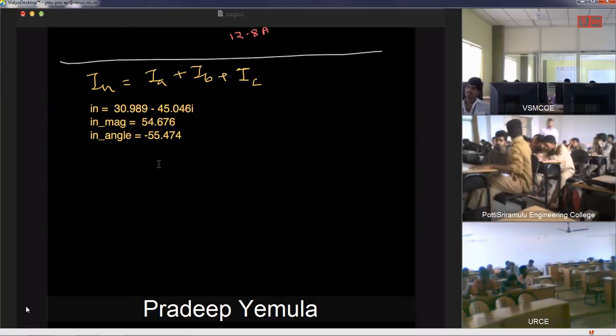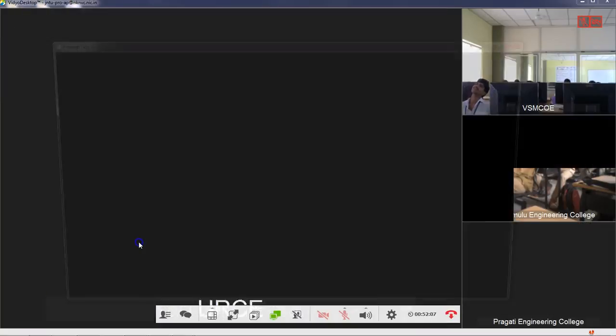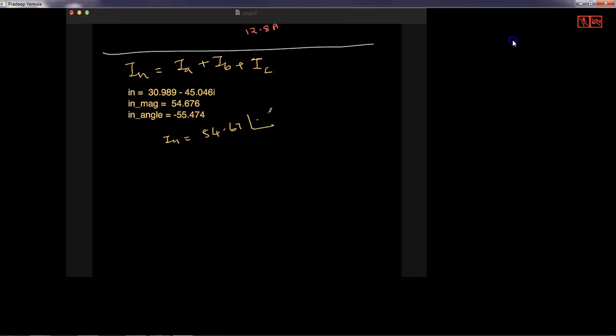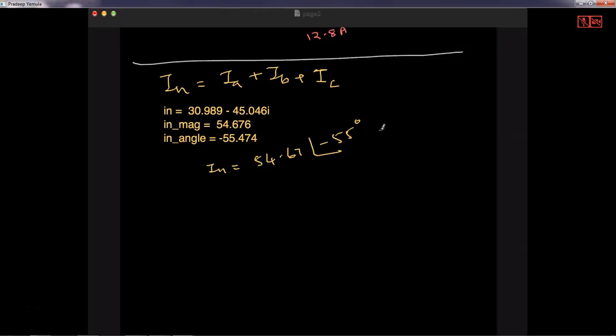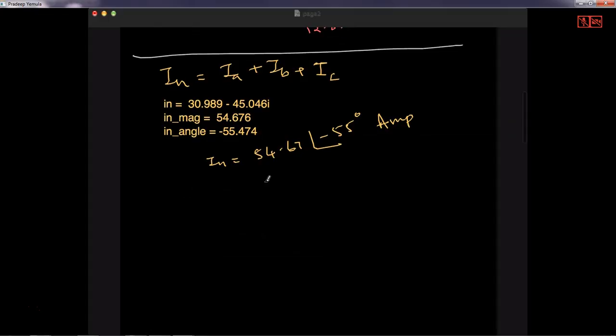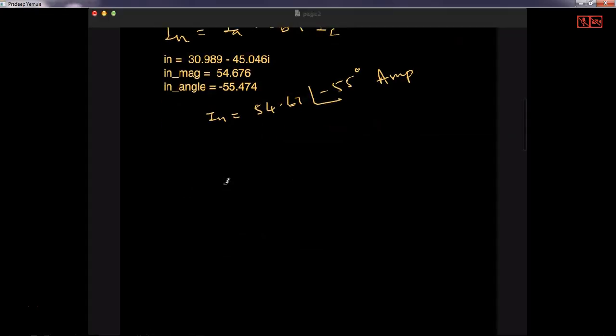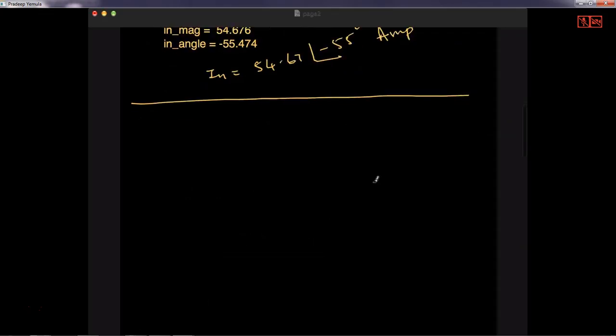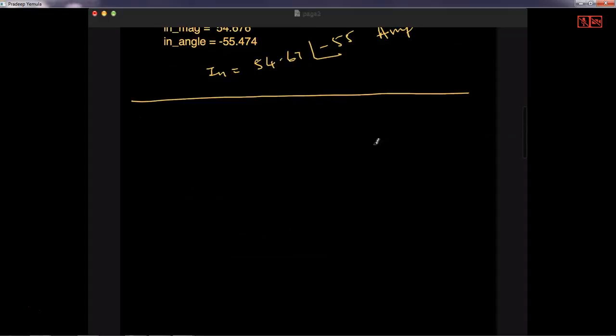So therefore IN is 54.67 angle of minus 55 degrees. So finally, if I want to mark the solutions, I get like this. So now we'll come to today's topic. Any doubts up to here?